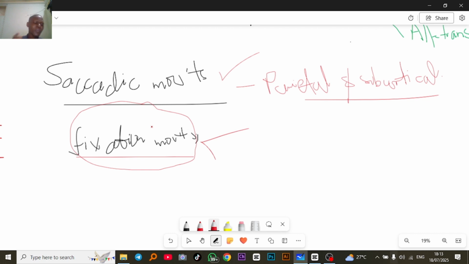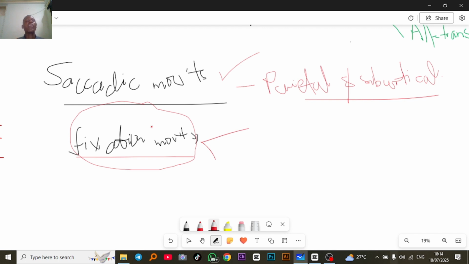The importance of these slight movements is because in senses we have something called adaptation. If I get a continuous stimulus, my neurons can easily adapt and end up reducing their response gradually.